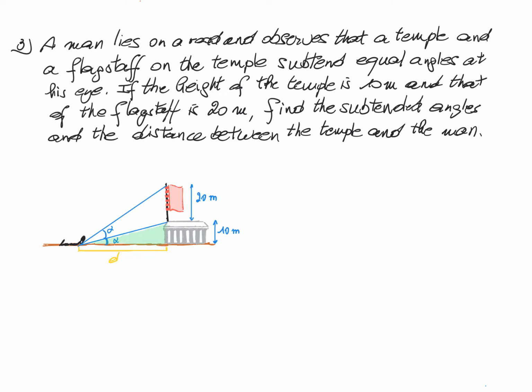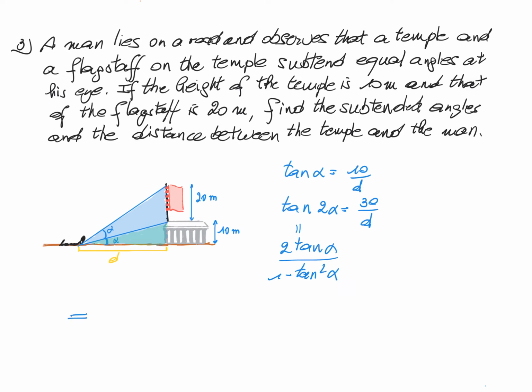From the green triangle, we then know that the tangent of alpha is 10 divided by D. And from the blue one, that the tangent of 2 alpha is 30 divided by D. We also know that the tangent of 2 alpha is 2 times the tangent of alpha divided by 1 minus the tangent squared of alpha.